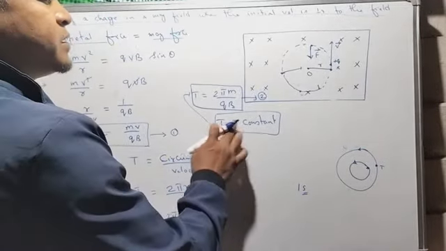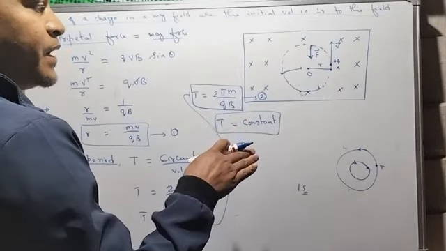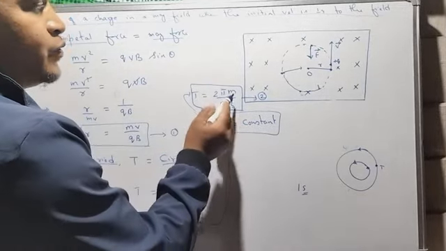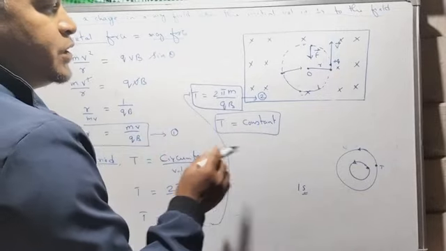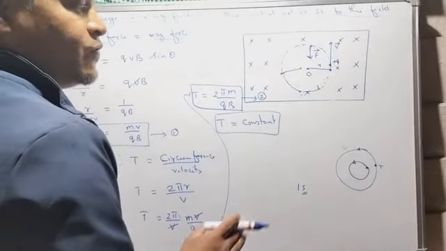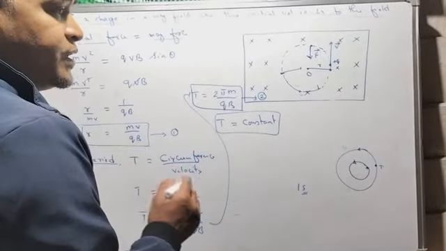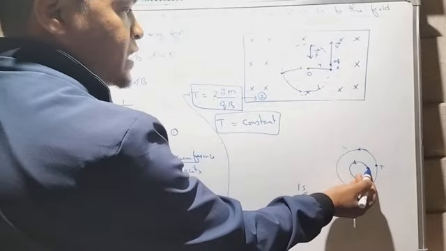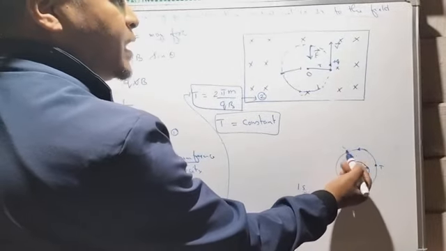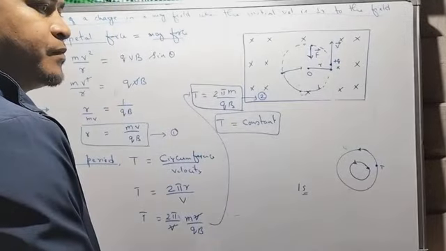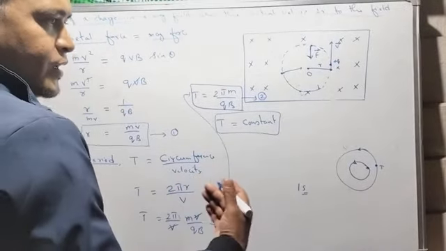Why? Because time is independent of the radius and the velocity. We don't have radius, we don't have velocity here. But the thing is, how come this time period in a smaller circle and a bigger circle is the same?